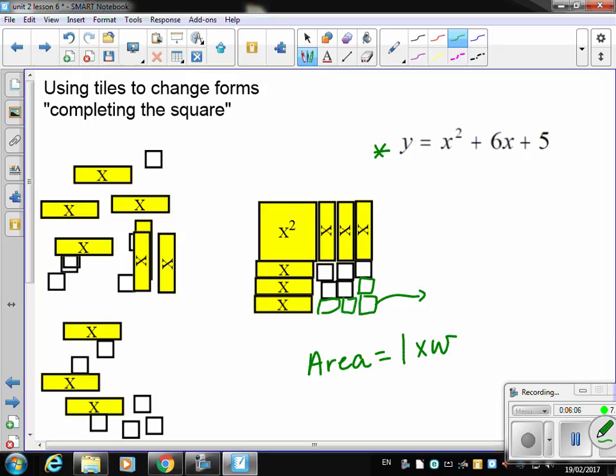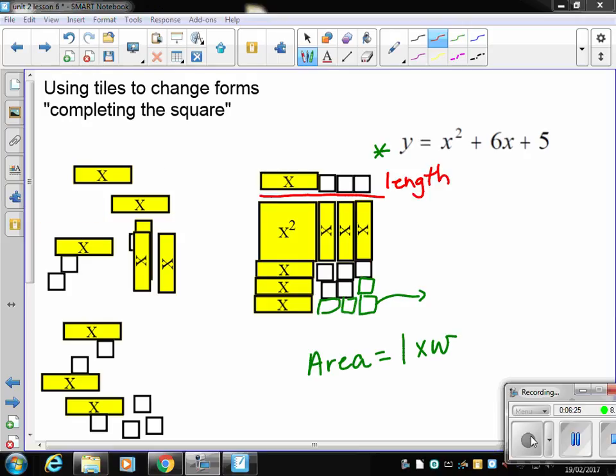So if you look at the top, my length right here is x plus 3. And I'll move some little tiles over there to show you. So my length is x plus 3, and my width is also x plus 3.